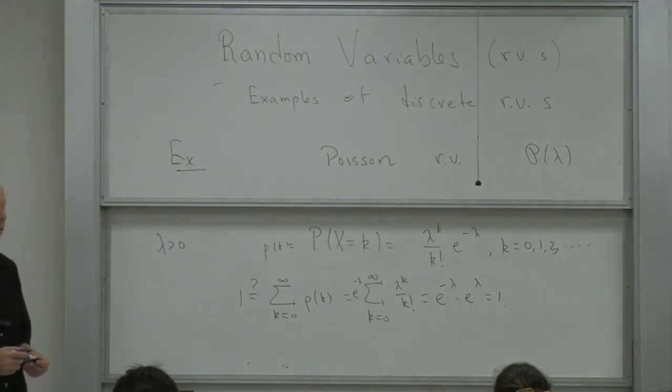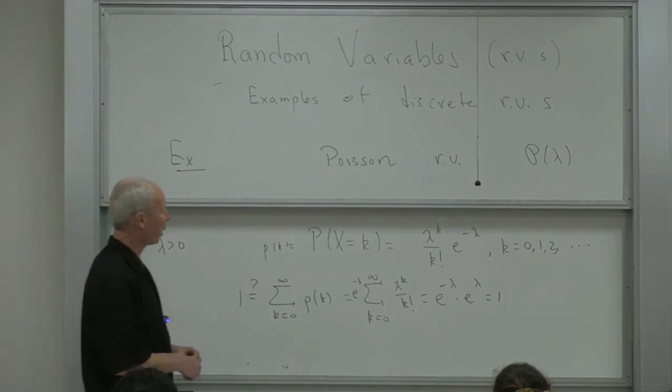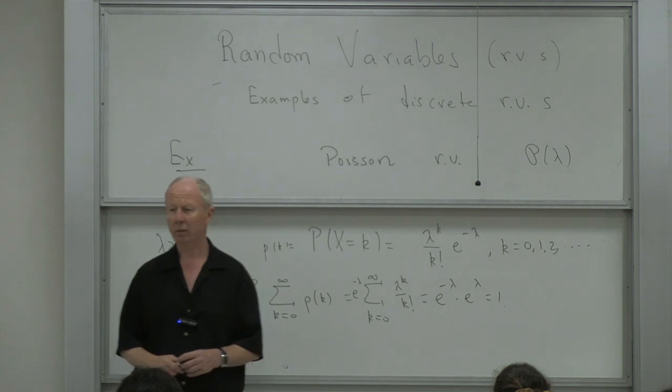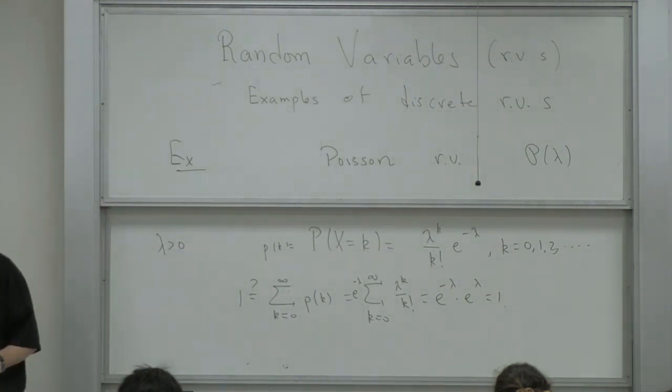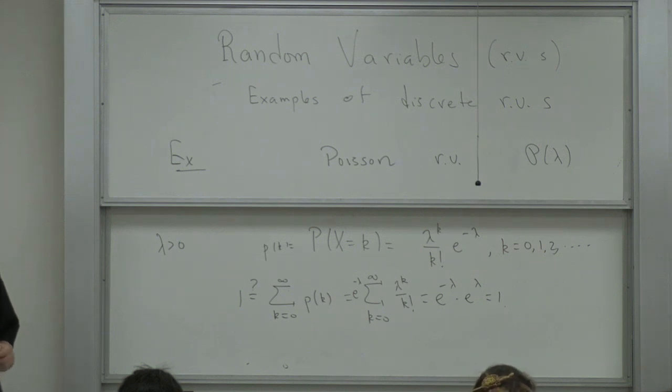Like, you might consider a block of a radioactive substance, like the material in your smoke detector in your apartment. And you might ask the question, how many alpha particles will it emit in the next 10 minutes? That would be modeled by a Poisson random variable. Why is that?